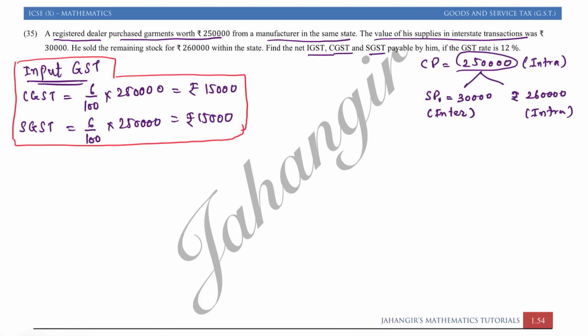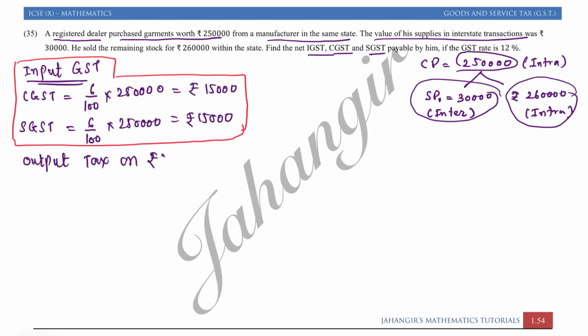Now for output, first we will do interstate, then intrastate. So output tax on rupees 30,000. We know 30,000 is interstate, so we will find IGST, that is 12% of 30,000. 12 threes are 36, that is rupees 3,600. This was the first output.